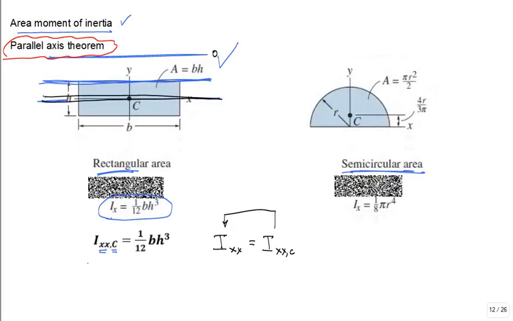But we can move it by adding a factor which needs to have SI units of meters to the fourth, just like this has units of meters to the fourth. A lot of people were putting m d squared. D I interpret as the perpendicular distance between the two axes, which would have meters. M I interpret as mass in kilograms.